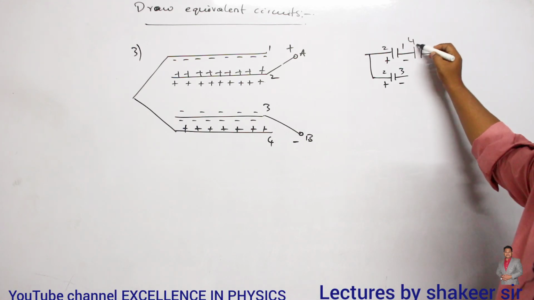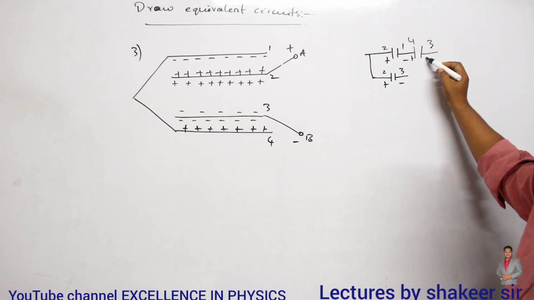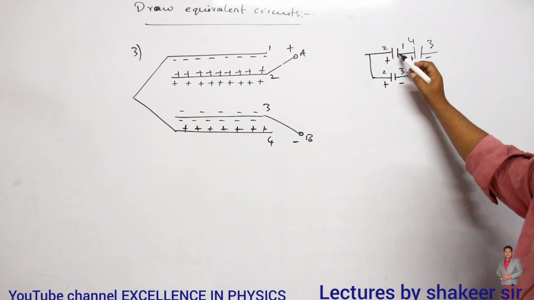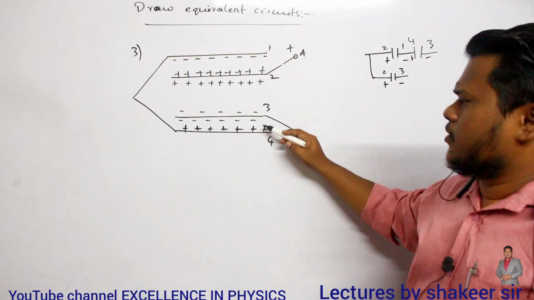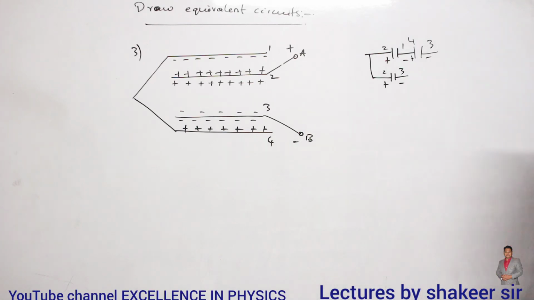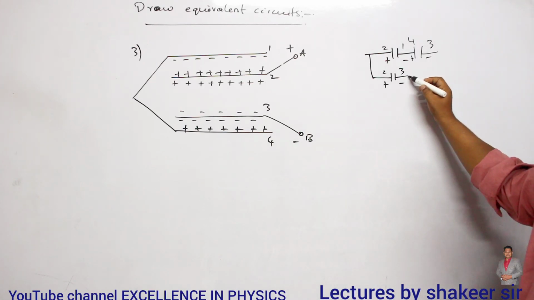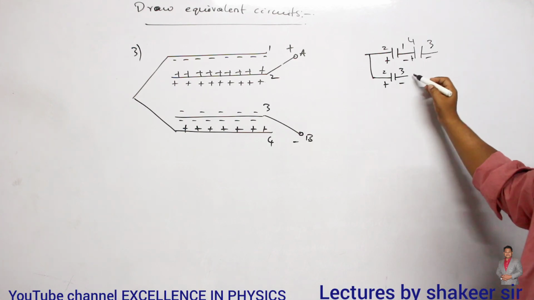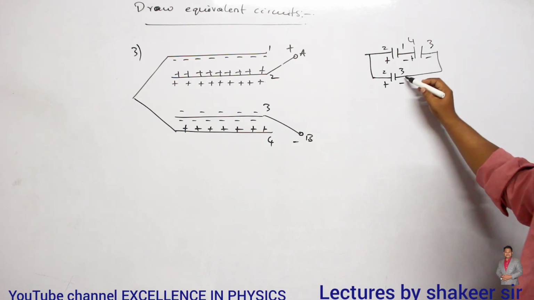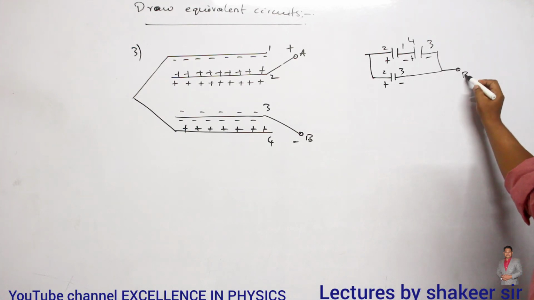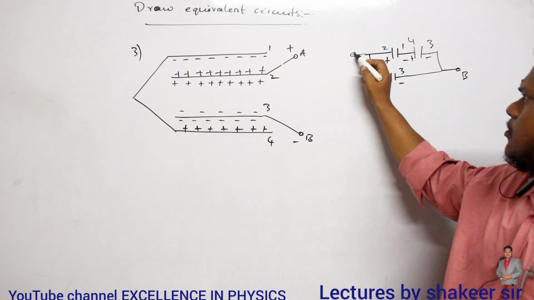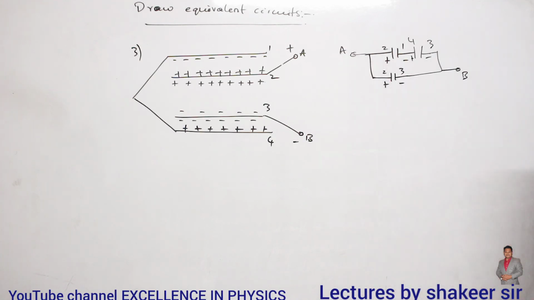Clear? So this is 4, this is 3, this is plus and this is minus. So 1 and 4 they are present at same potential. Clear? So this is the circuit which I got. Next 3 is connected to, so this is 3, this is also 3. So this is terminal B and 2 is connected to terminal A. So this is my equivalent circuit.